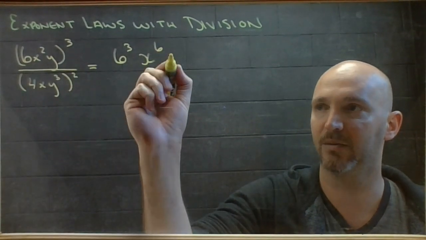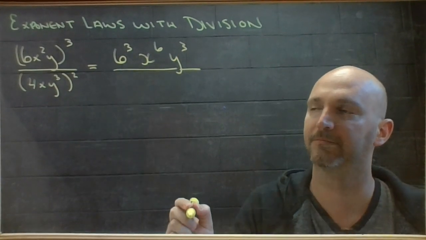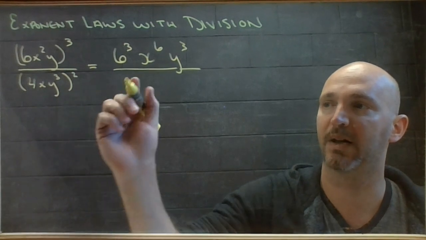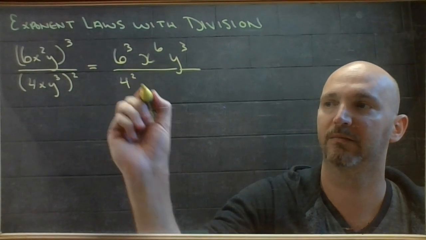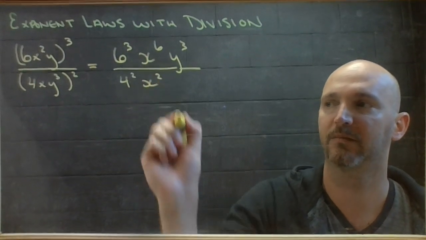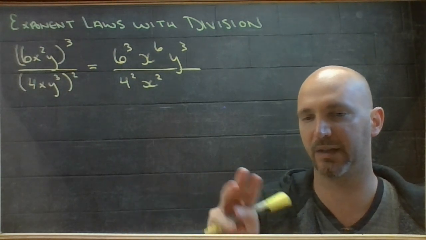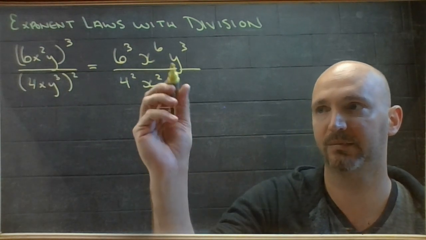The y cubed. I have a 4 squared. I have an x squared. And I have a y cubed squared. So 3 of them, and then 3 of them would be 6 of them in total.